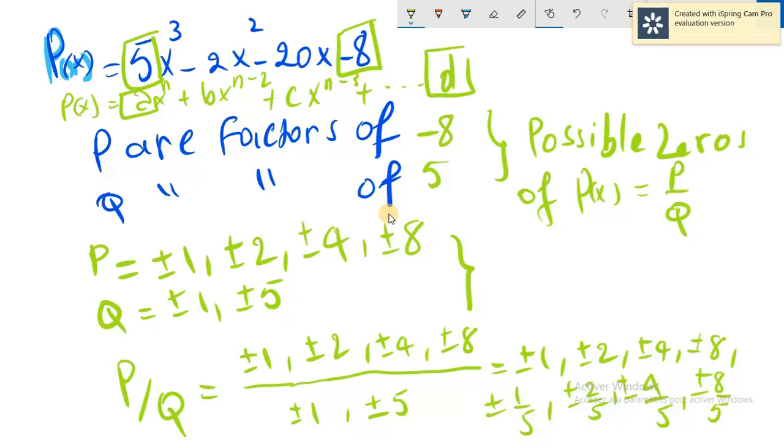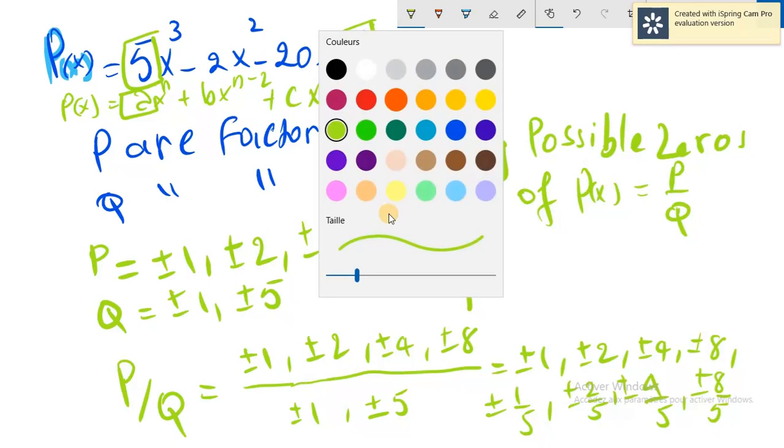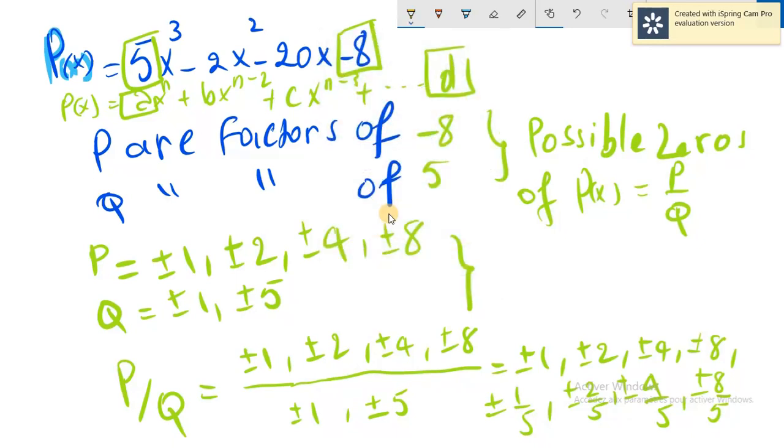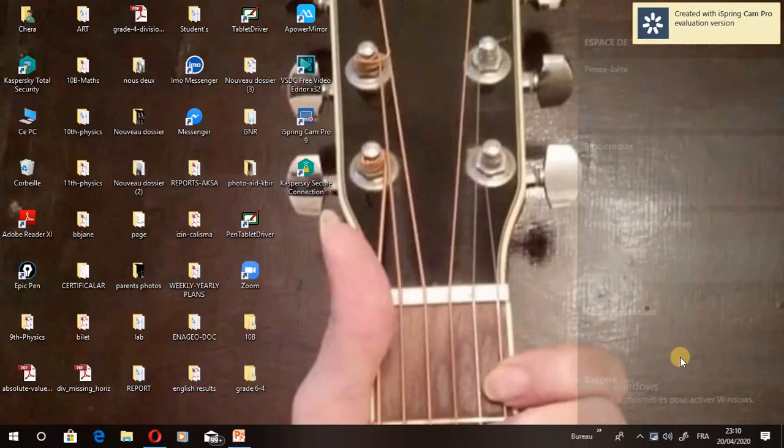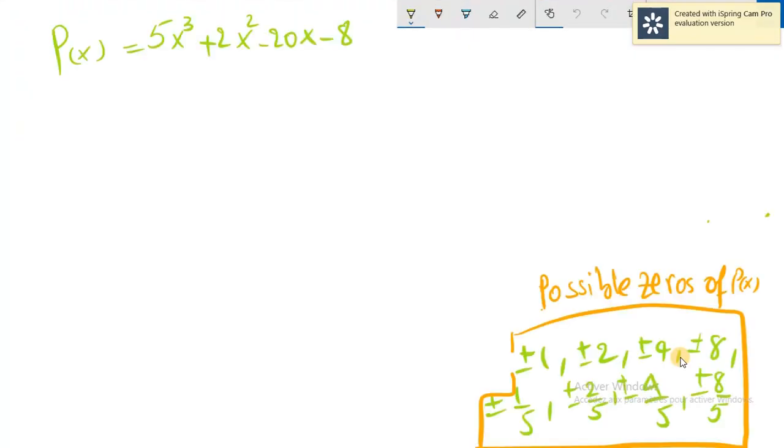Now, according to the theorem, these are called possible zeros of p(x).